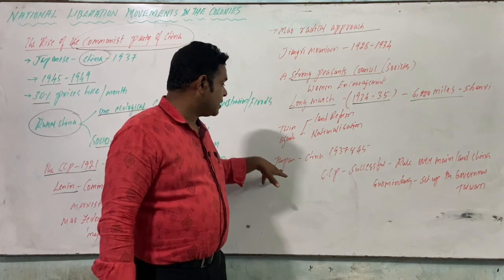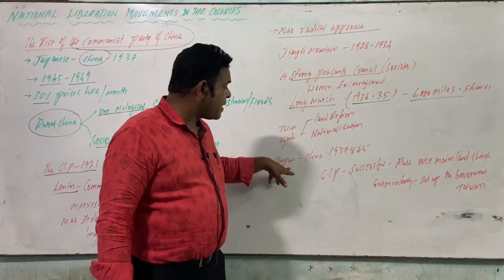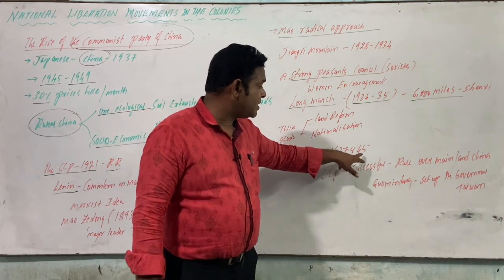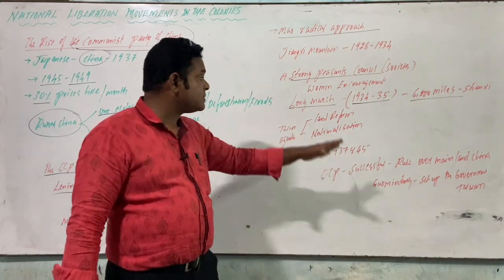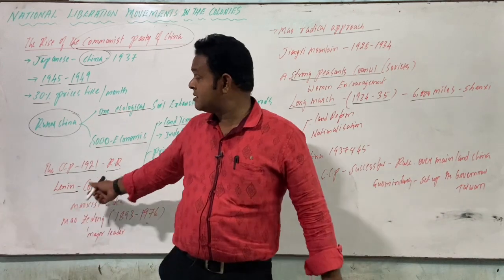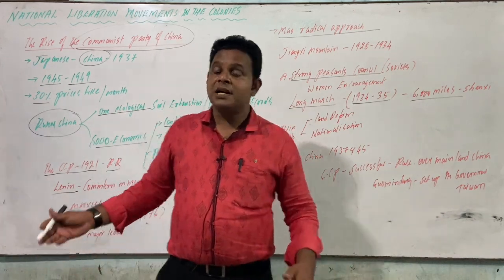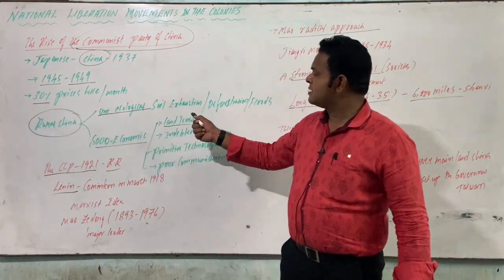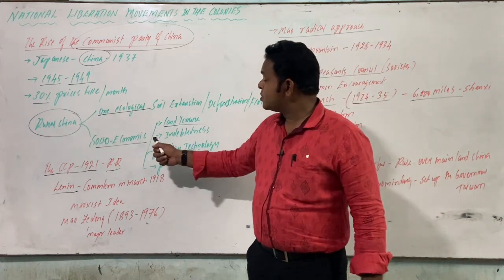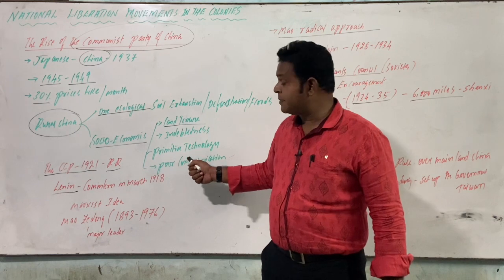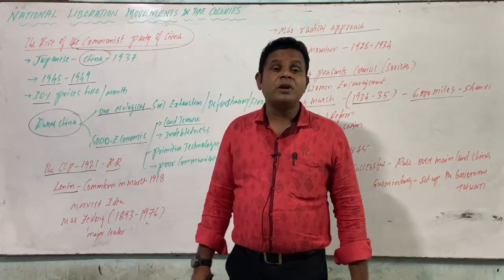But when Japan invaded China in the year 1937 to 45, what was the condition? One, ecological: soil exhaustion, deforestation and floods, and socio-economic: land tenure, indebtedness, primitive technology and poor communication.